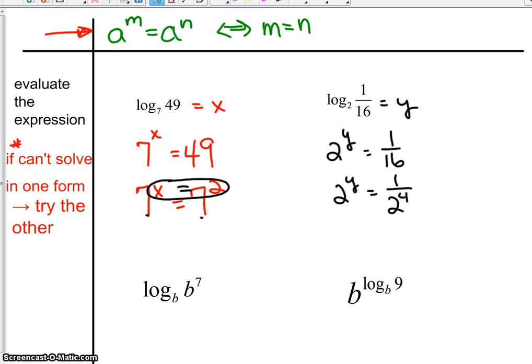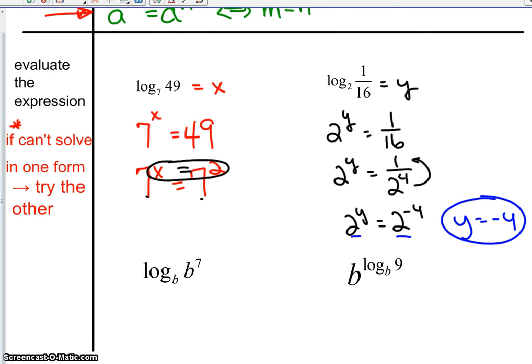They're still not like bases because this one is 2 to the power, and this I could actually look at as 1/2 to a power. So I have to do some more adjustments yet. Because of the properties that we talked about last week, I can move that 2 to the 4th into my numerator, and if I do that, I change sides, so my exponent changes sign. So now I have like bases. Y would be equal to -4.